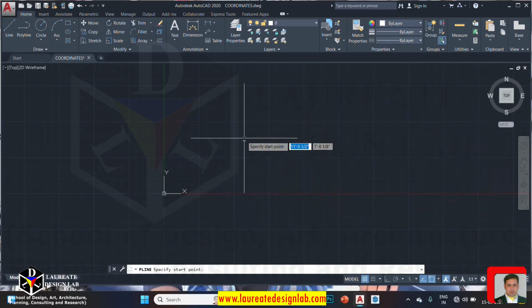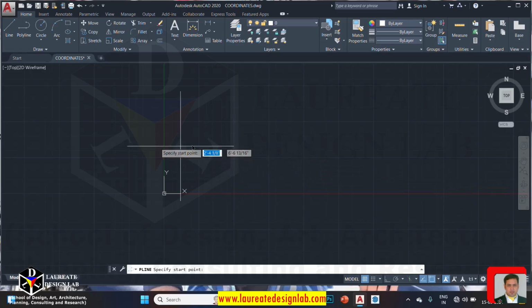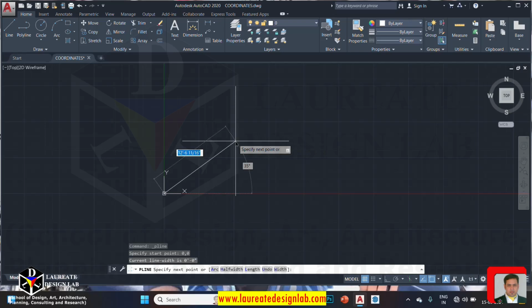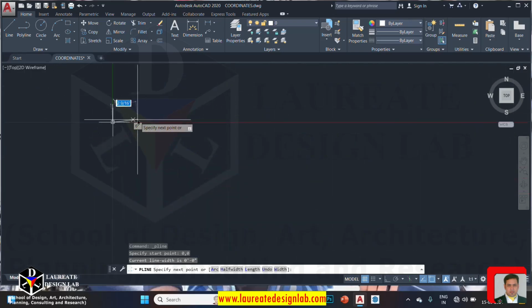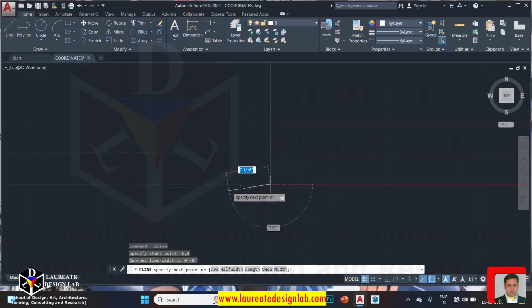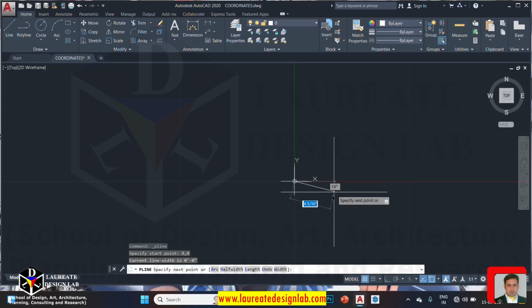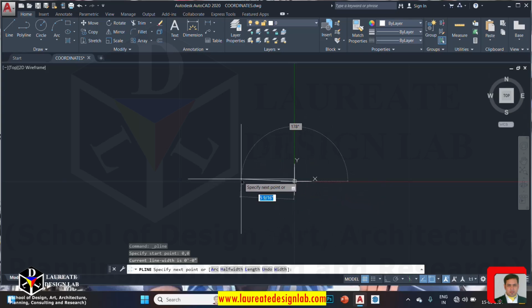So generally we click and then start, but here I'm not going to click. You'll be surprised why I'm not clicking, because I'm going to do 0, comma 0, enter. It will start from the 0 point of this x-axis and 0 point of this y-axis. I have already told you this is minus x, this is minus y.